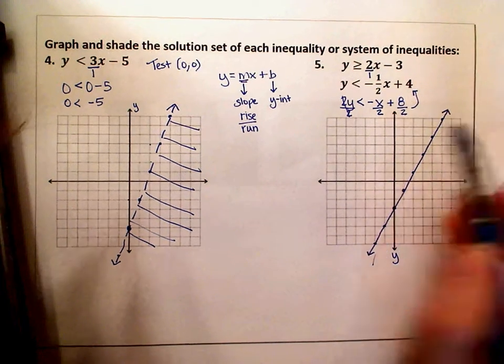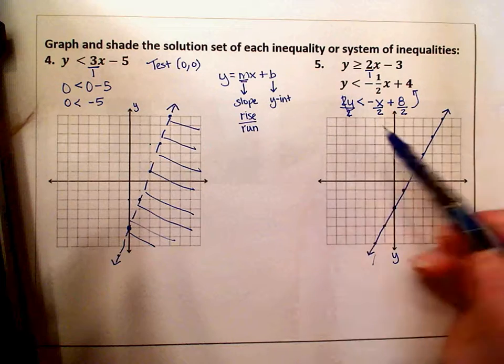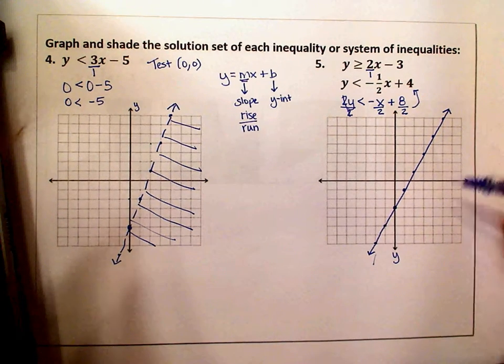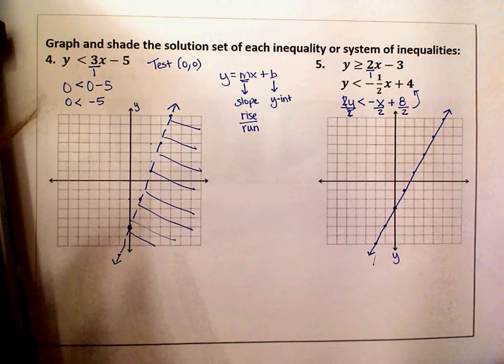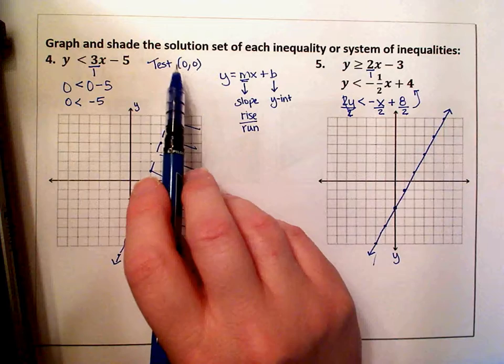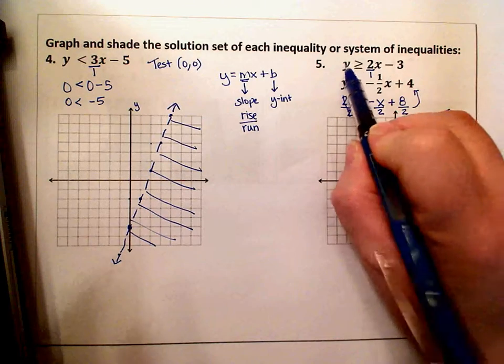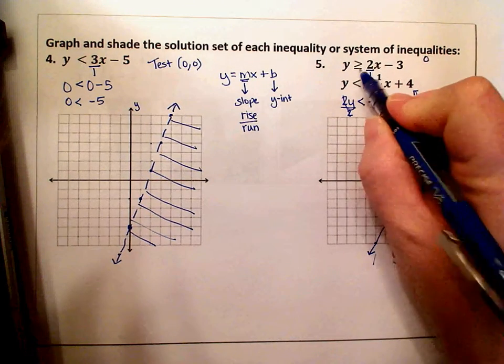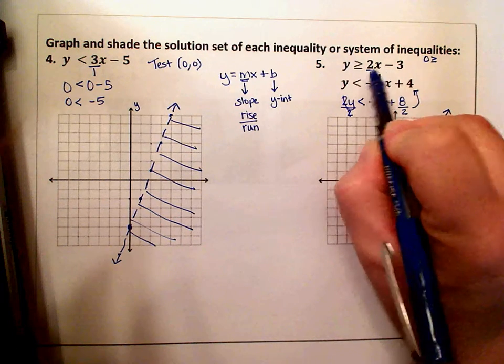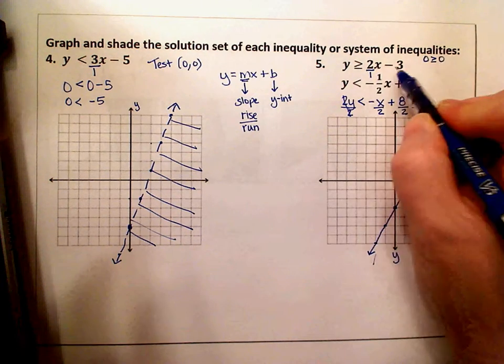When there's not an equal to bar, like in our second one, we use a dotted or a dashed line instead. Now I need to figure out again which side of the line we need to shade. So remember, we use our test point 0, 0. We're going to replace the y with 0, and then our symbol is greater than or equal to. The x was 0, 2 times 0 is 0, and then -3.